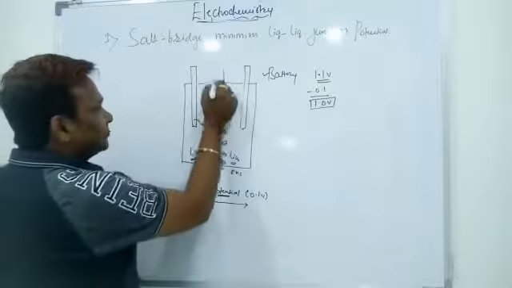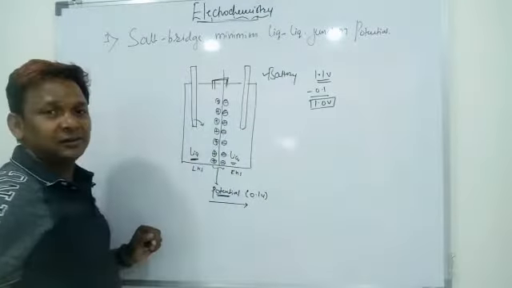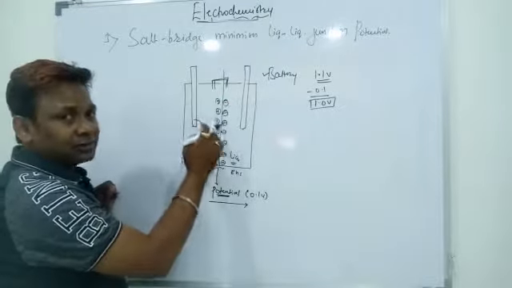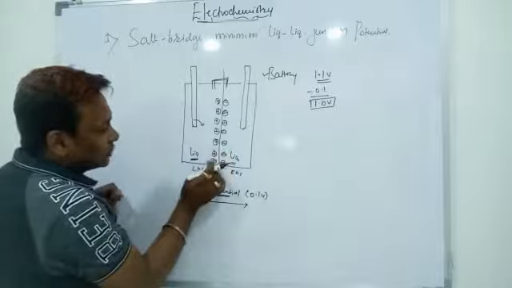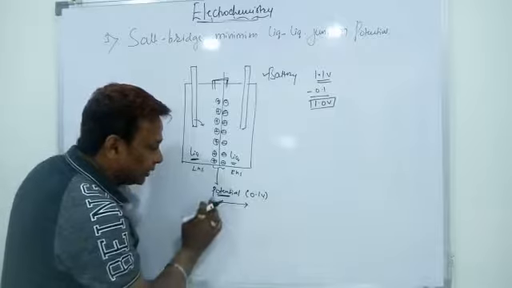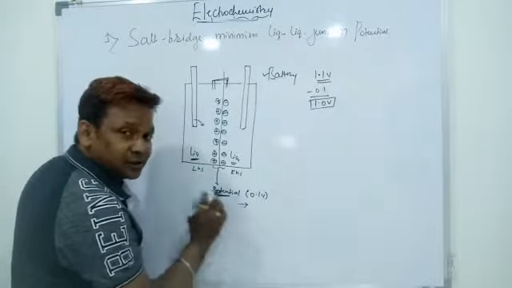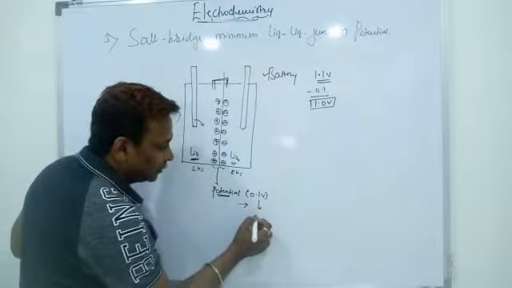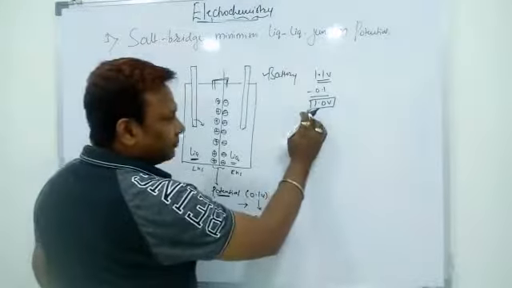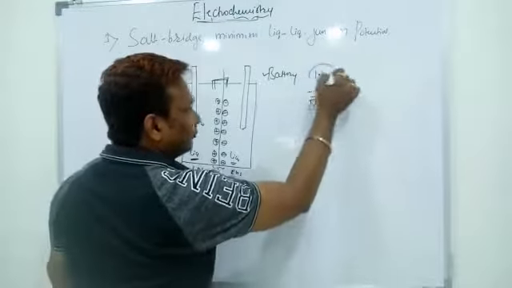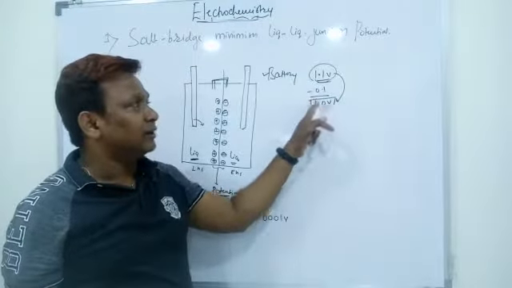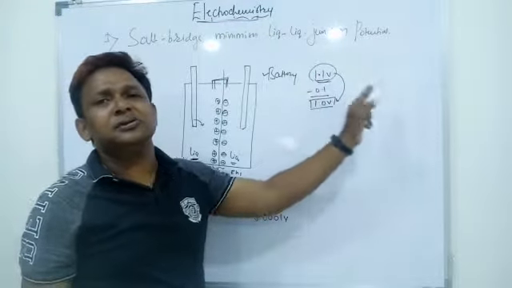Now suppose we use a salt bridge here. Due to that, the accumulation of positive charge and negative charge on either side gets reduced. As the accumulation of charge on either side gets reduced, the potential which was developed here also reduces. Instead of 0.1 it goes to 0.0001, and so instead of reducing the battery potential from 1.1 volt to 1 volt, it will reduce very little, becoming 1.0001.